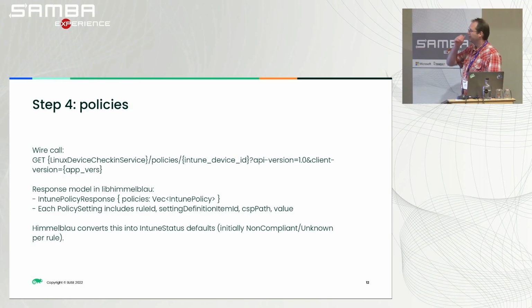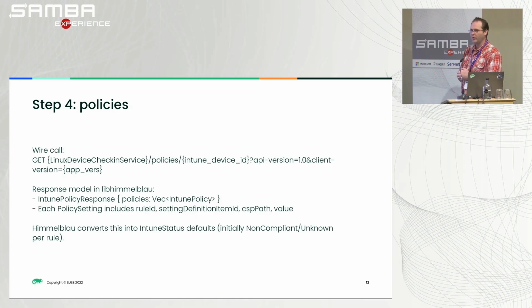On the next call, we send this policies request with the Intune device ID that we received during enrollment. Again, we don't need the certificate, but we do need the device ID that was returned to us. And this specific call sends us back a giant JSON object map of policy information.